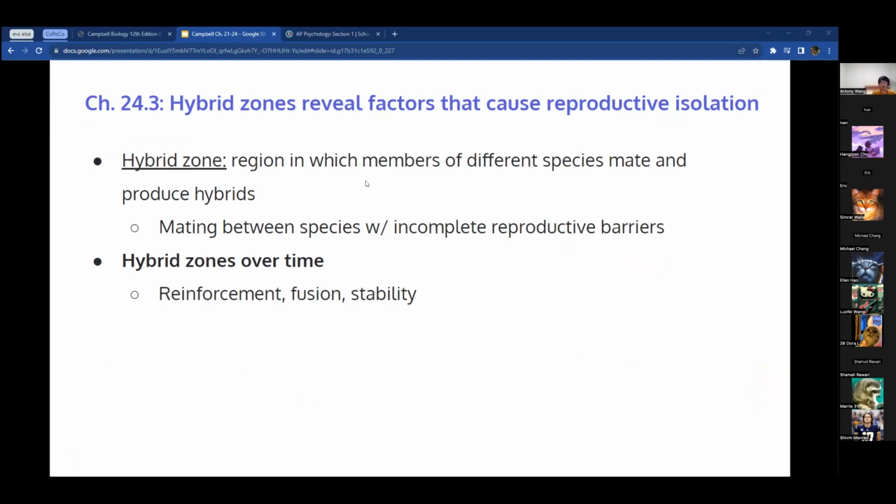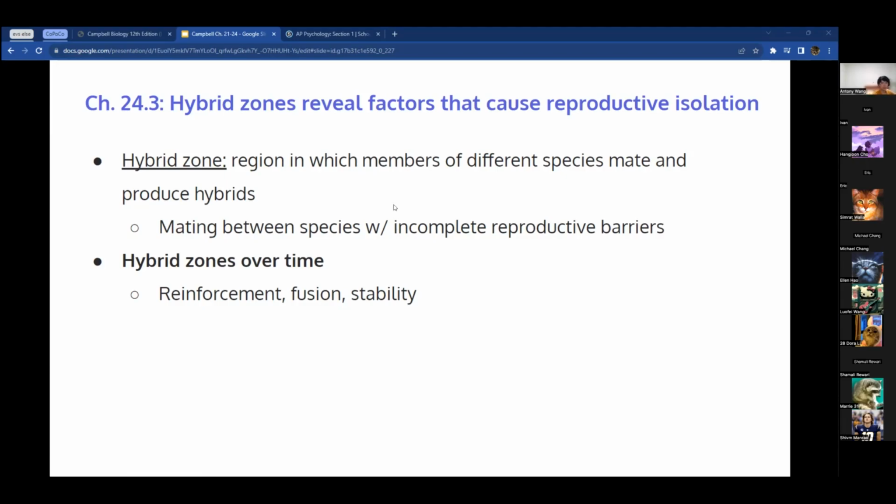If one species occupies one area, another species occupies a different one, but they're close enough that species A can go and mate with species B in the middle area between their two environments. And that place where the two species meet and mate is the hybrid zone.